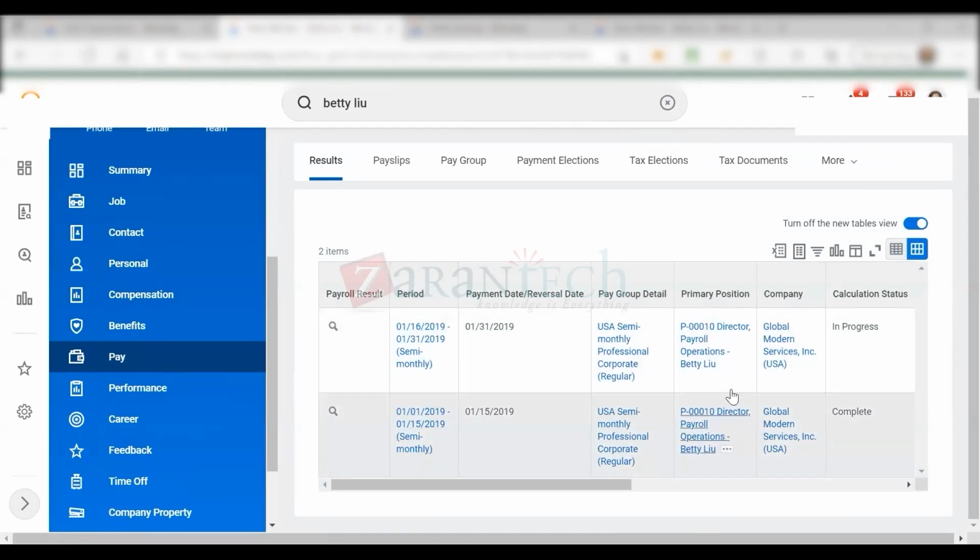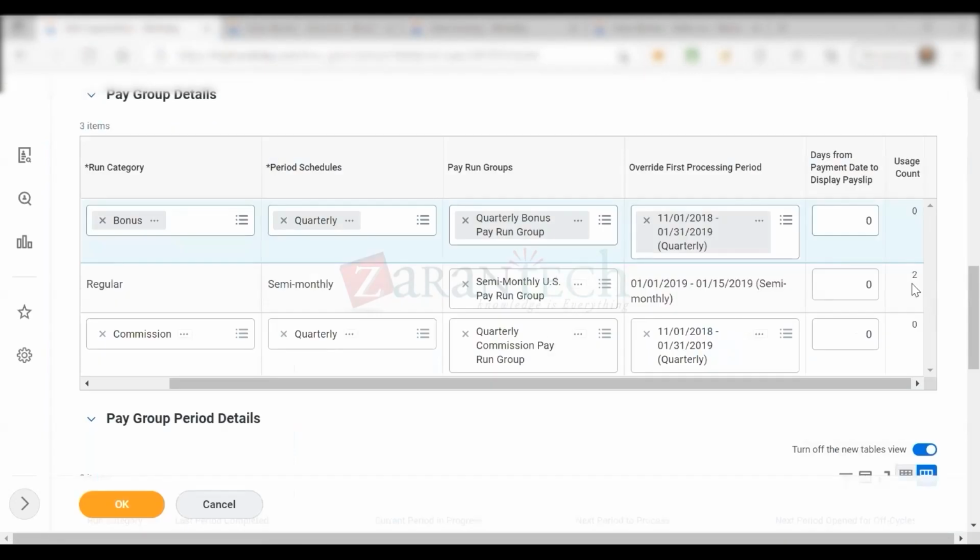One of them is completed, another one is in progress. So there are 2 pay cycles calculated for this combination of pay group, run category and period schedule. And that is what we are seeing here as 2. When we complete 1/16 to 1/31 and we move on to the next 2/1 period, you will see the usage count increase by 1, that is to 3.